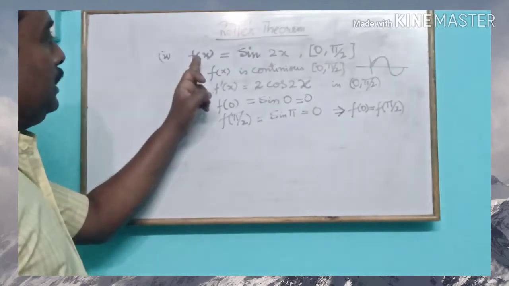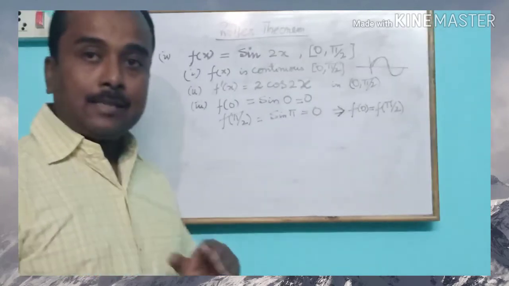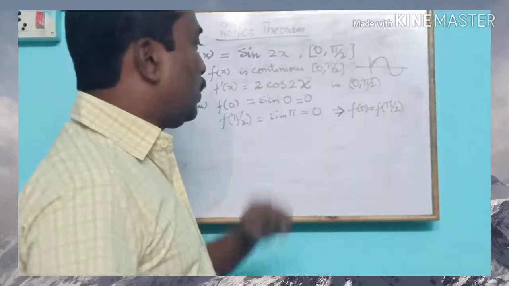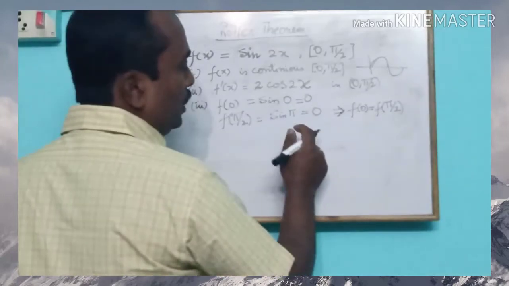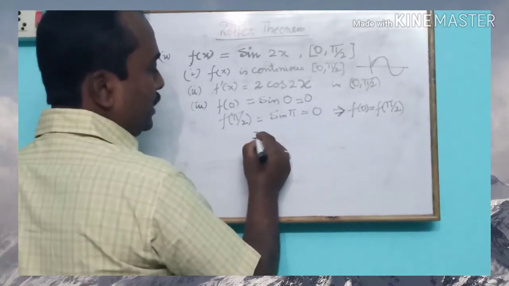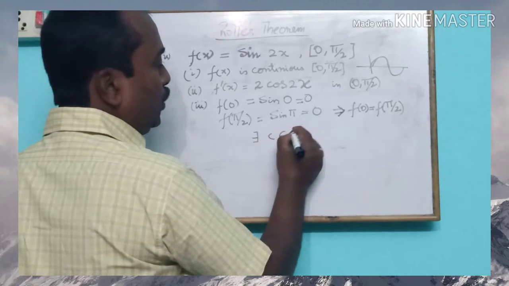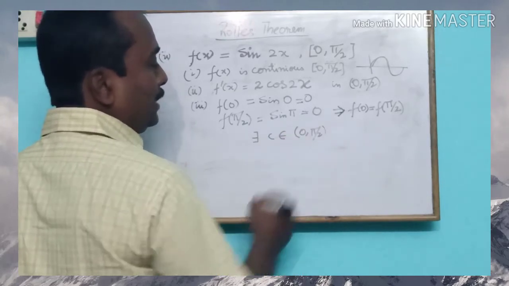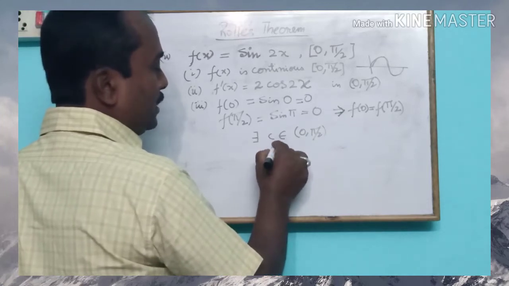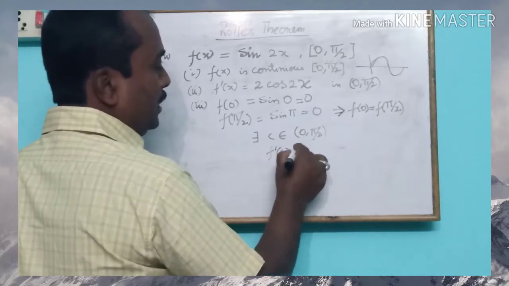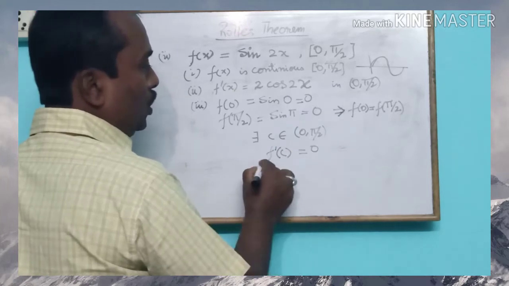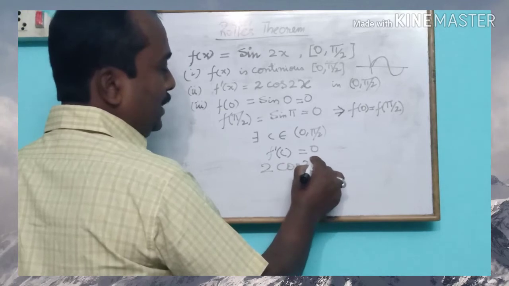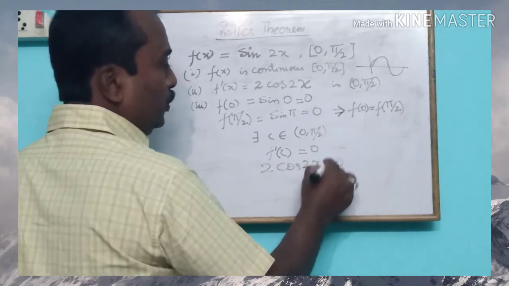The function f(x) equal to sin 2x satisfies all the conditions of Rolle's theorem. And if it satisfies all the conditions, there exists c belonging to the open interval (0, pi/2) such that f'(c) is 0, or 2 cos 2x is 0.